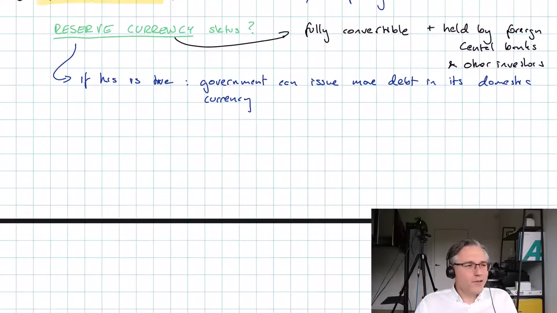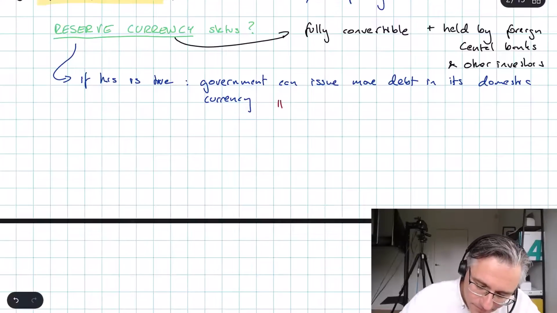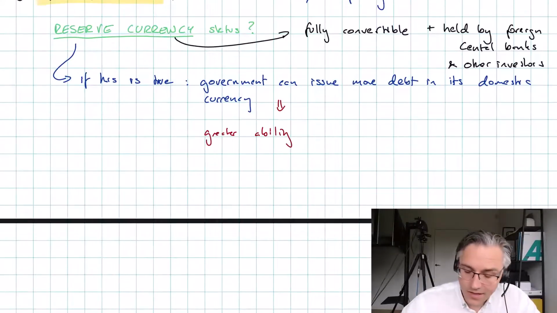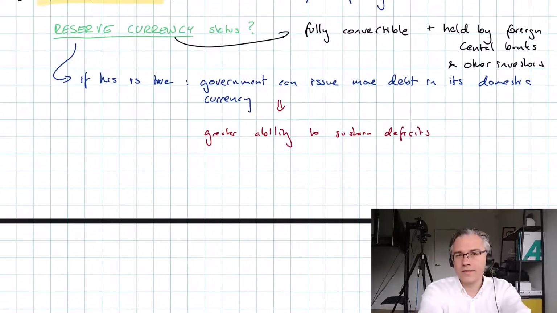So if your currency is indeed held as a reserve somewhere else around the world, you can be sure that there will be demand for your safe, default risk-free sovereign debt as a result of that. And you then have, as a consequence, a greater capacity to sustain deficits, to run deficits. I mean, the United States uses this to its advantage, right?